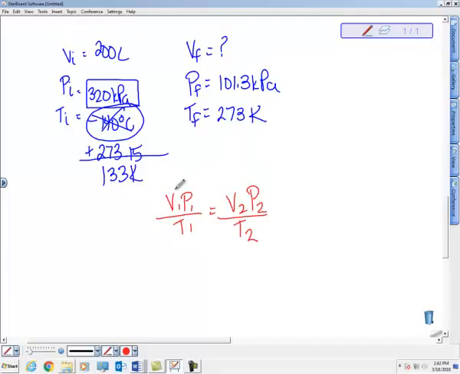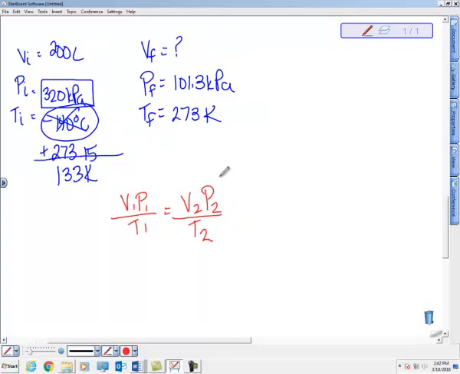V1 is 200 liters. P1 is 320 kilopascals. T1, we converted to Kelvin, is 133 Kelvin. So there's our initial stuff.